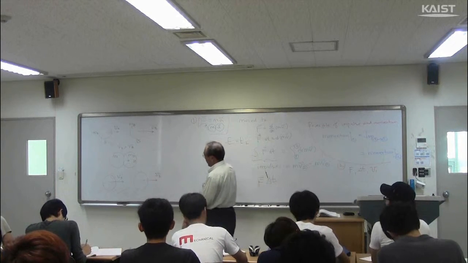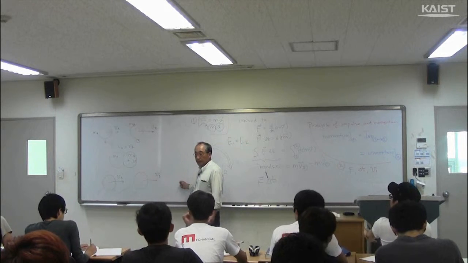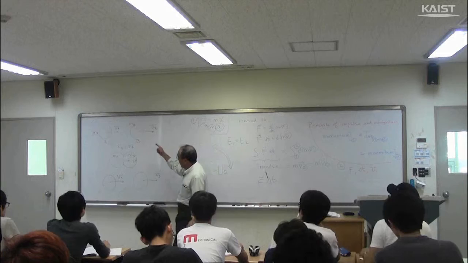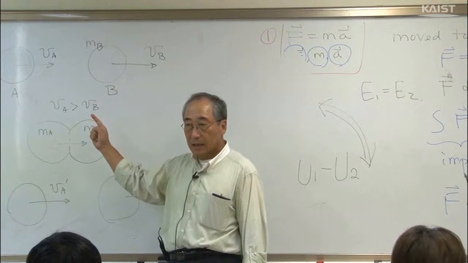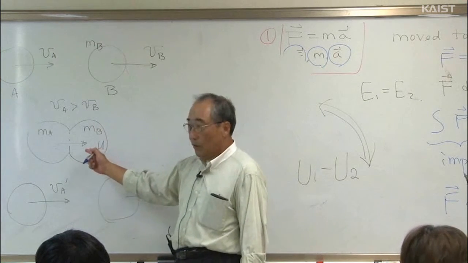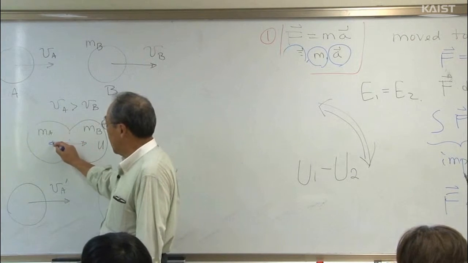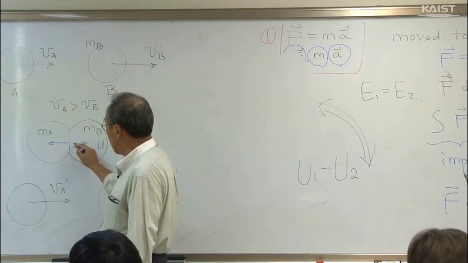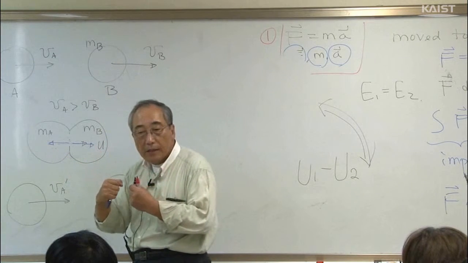So what kind of rule can we use to tackle this problem? Because it involves velocity and mass, and our observation shows that at this moment there will be some force acting on this mass and some force acting on that mass when it is compressed.